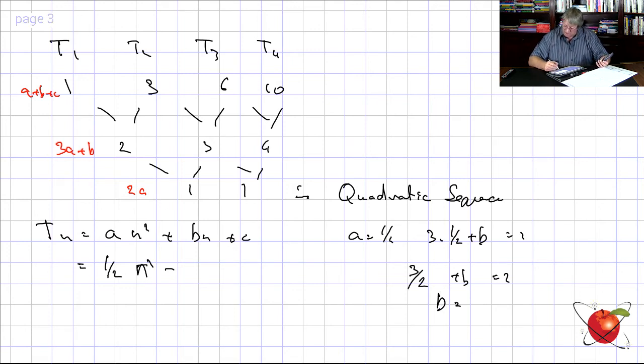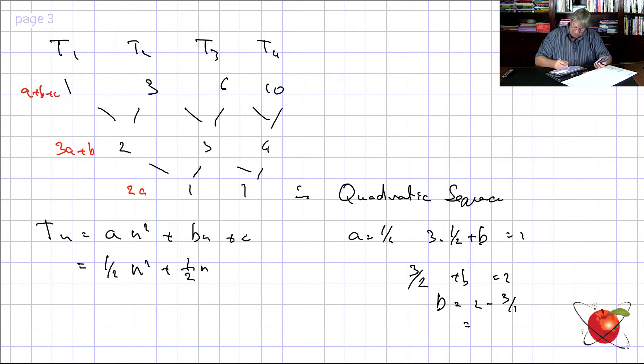3 over 2 plus b. Therefore, b is going to be equal to 2 minus 3 over 2, which is a half.